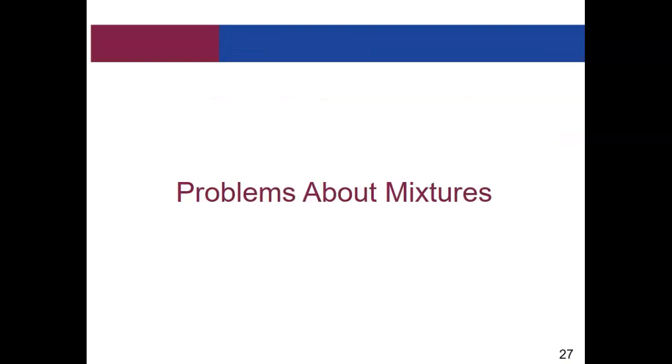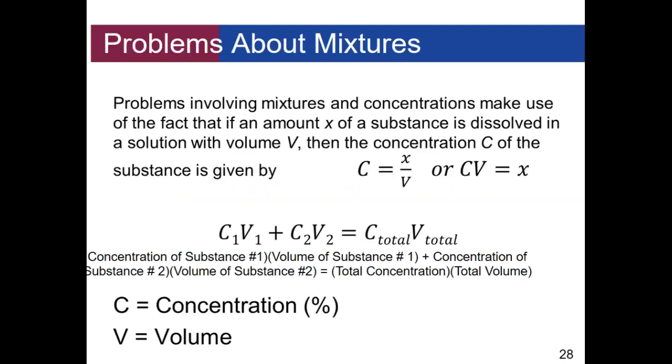Okay, the next type of problems that I would like to look at are those involving mixtures. Problems involving mixtures and concentration make use of the fact that if an amount x of a substance is dissolved in a solution with volume V, then the concentration C of the substance is given by x over V. So the amount of the substance is dissolved in a particular volume, and that gives us the concentration.